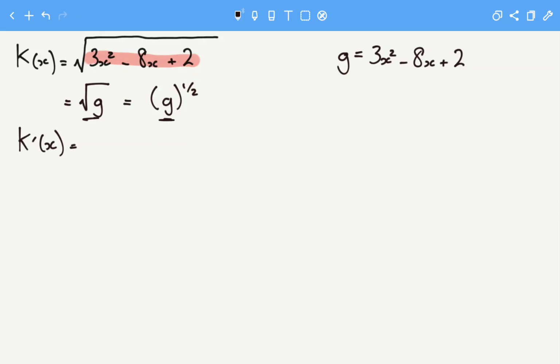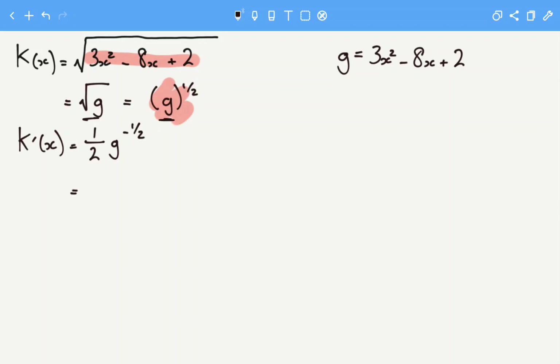So we'll differentiate this. So times it by the power, and then do the power minus 1. So 1/2 minus 1 would just simply be negative 1/2.